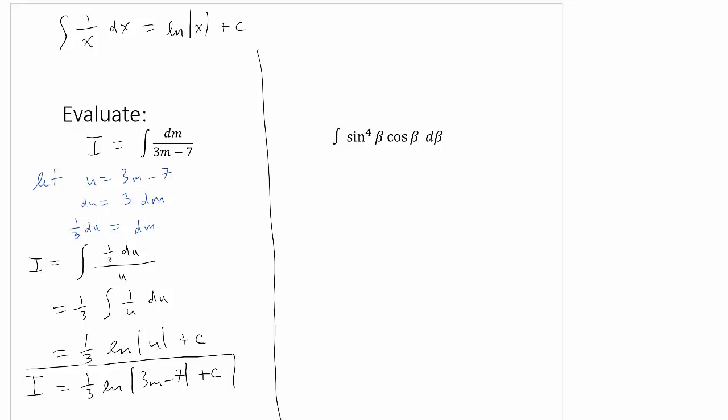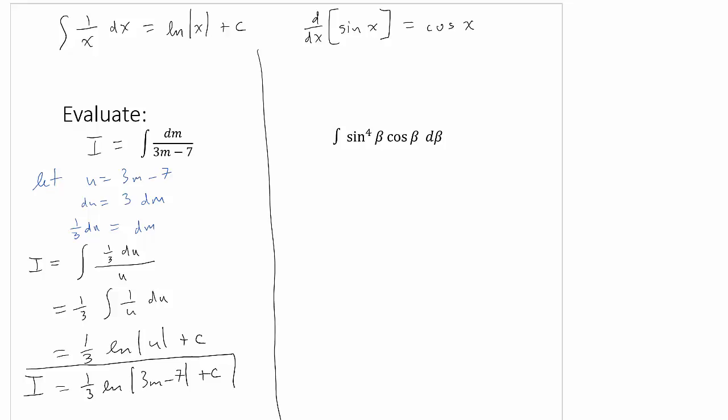Now for this next example, the inside function isn't as obvious. But what I'll remember is I know that the derivative of sine x with respect to x is cosine x.